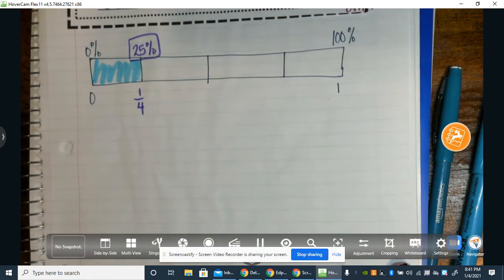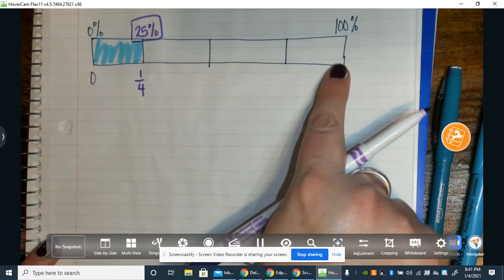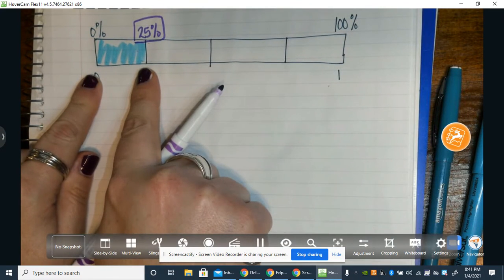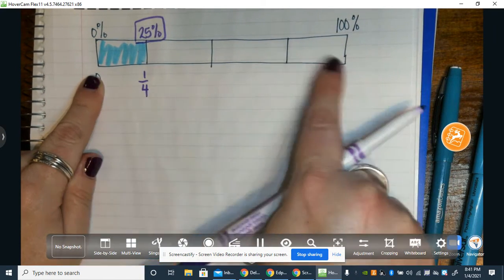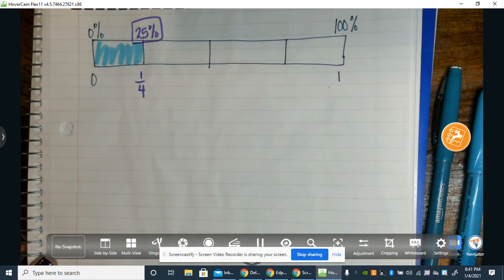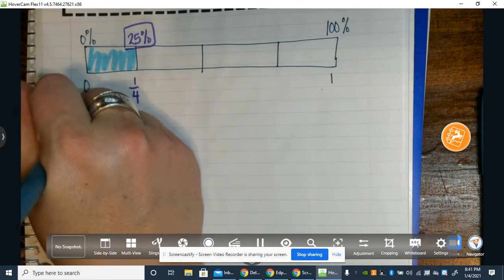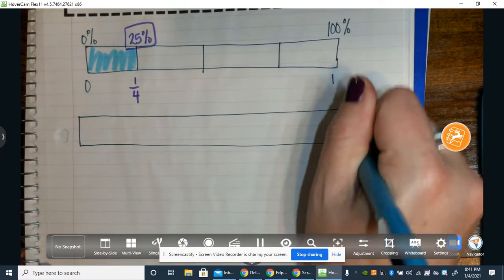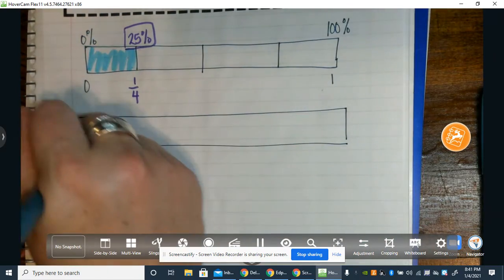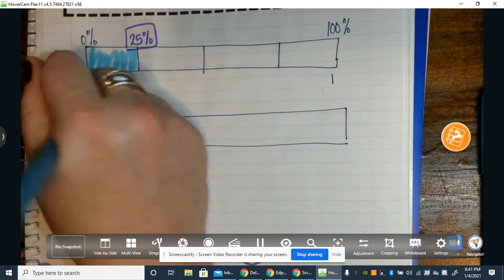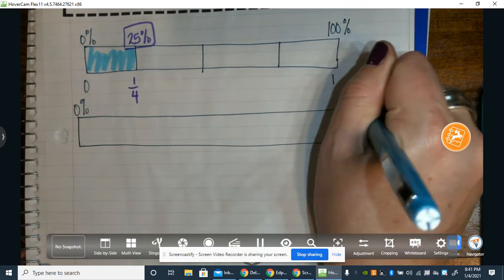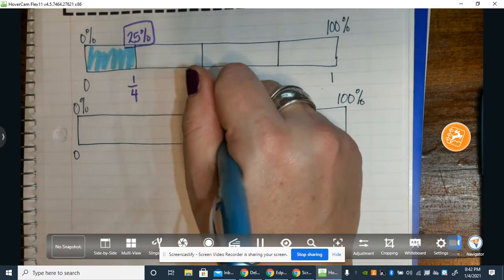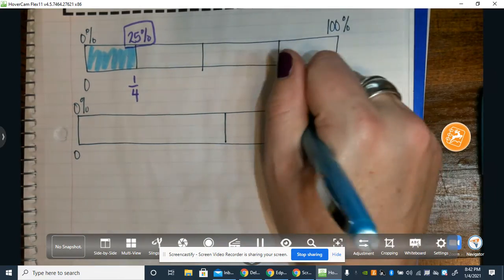So that would be like looking at 25%. Out of 100, 25% is colored. That would be 1/4. All right, I'm going to draw another model here. This time, I'm not cutting it into fourths. I'm cutting it into fifths. So again, I'm going to do 0% up here, 100% here, 0 and 1, and cut it into 5s.